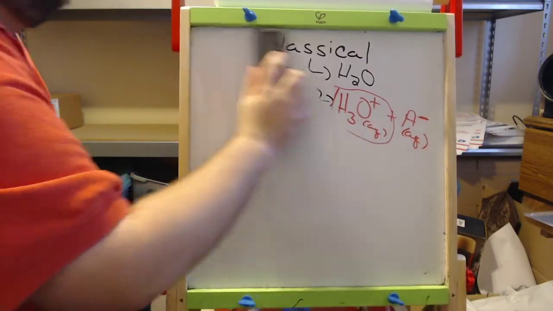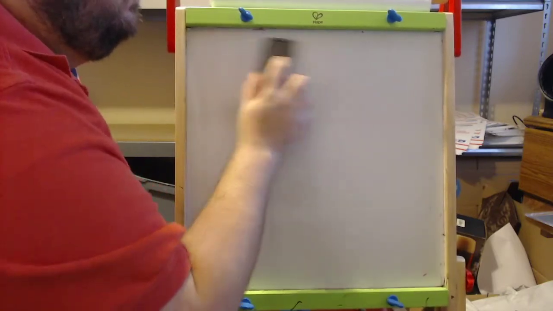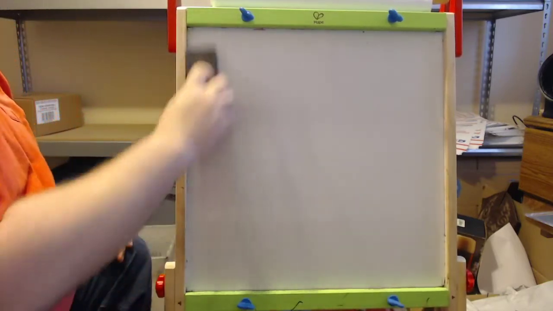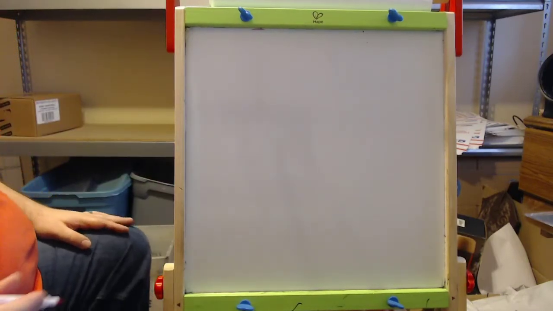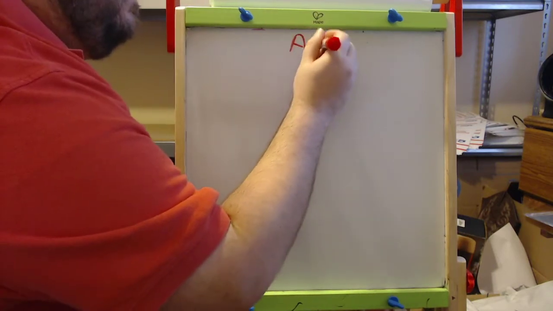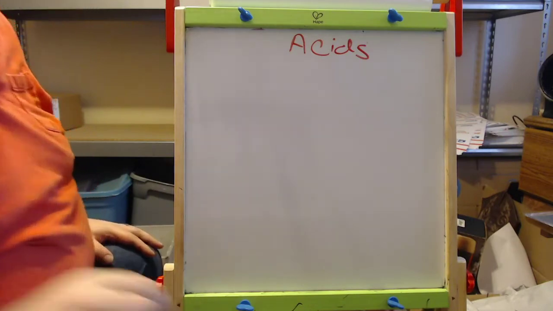So once we can decide whether we're an acid or a base, we can break down our acids, so we're going to deal with acids now, into 2 categories.